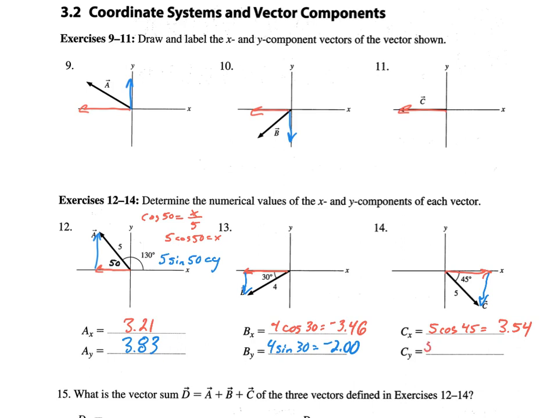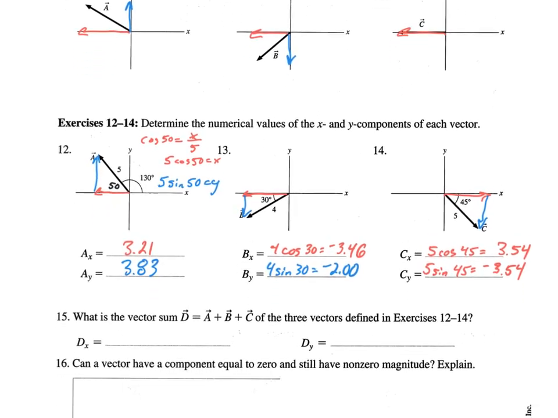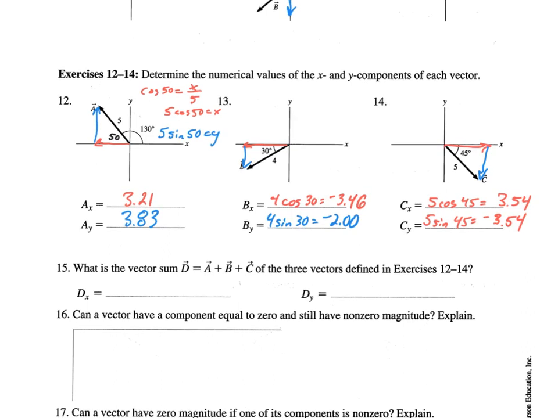And 5 times the sine of 45, you know anything about triangles, you know it should be the same number, and they're both the same. Five times the sine of 45 equals negative 3.54.